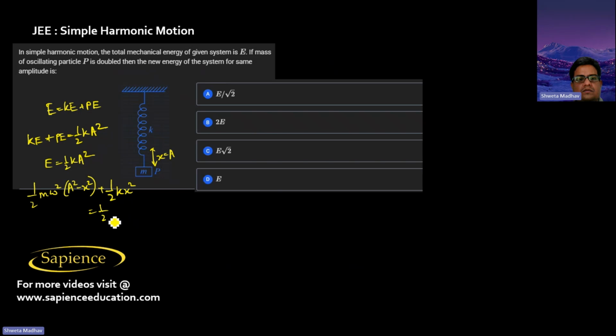So actually half m omega square is equal to k, and half k a square is equal to half m omega square a square.